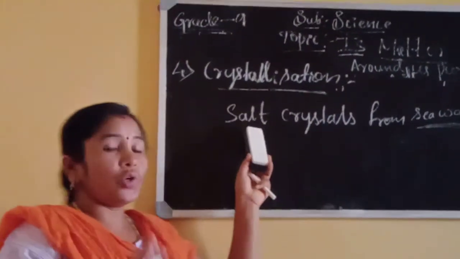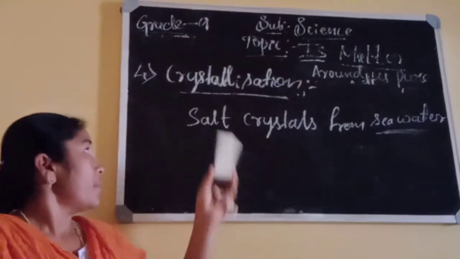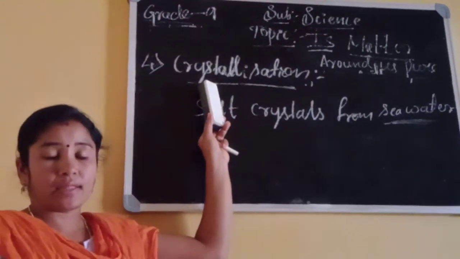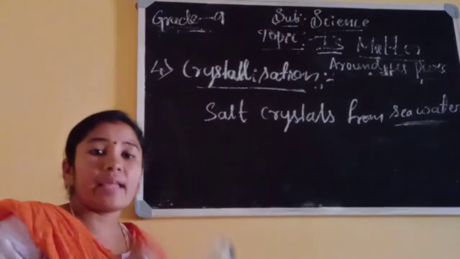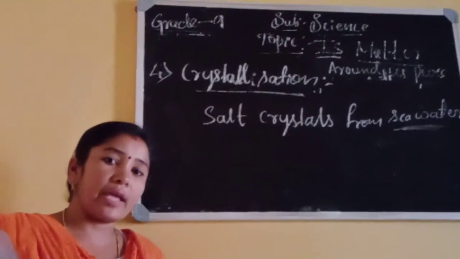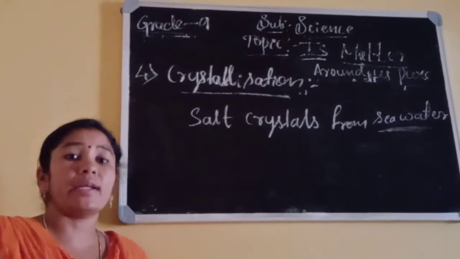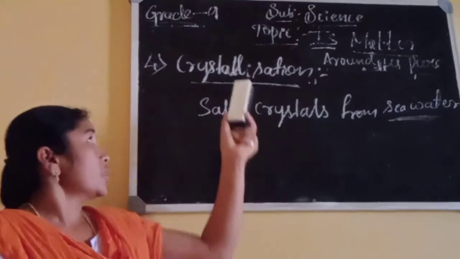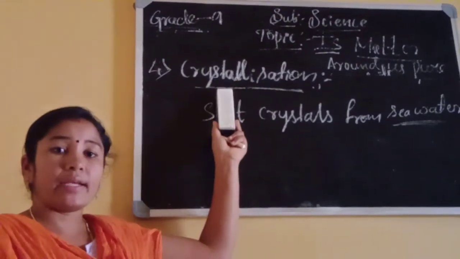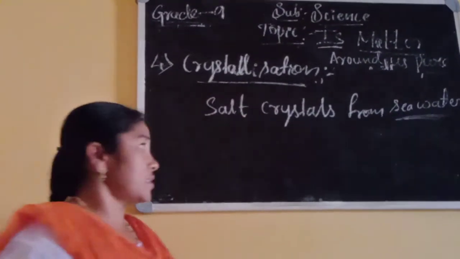From seawater we can separate pure salt crystals by following the crystallization method. Understand? This crystallization method is better than evaporation. From evaporation also it can be separated, but pure substances we won't get from evaporation. Through crystallization only can we get pure substances.